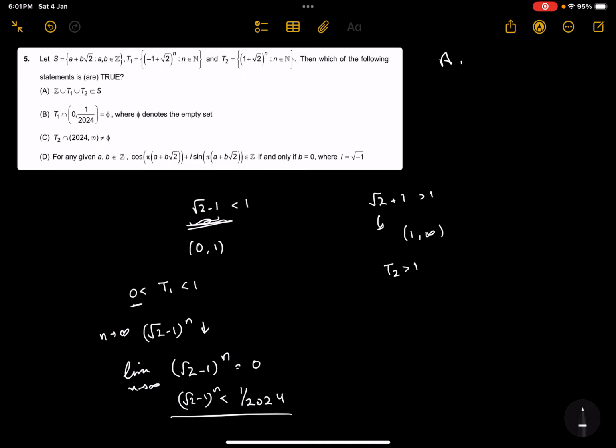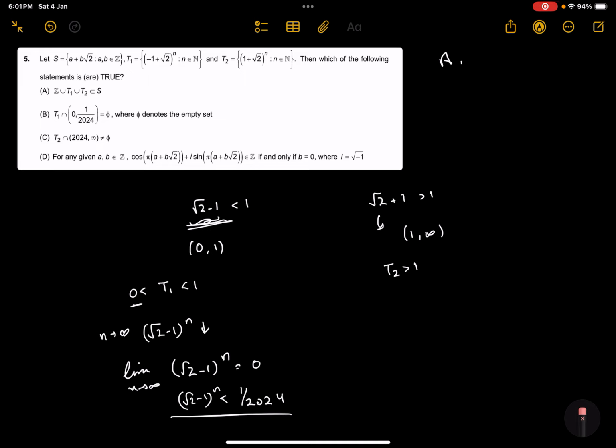So option B is thus incorrect, because for some n large enough, we will indeed have that minus 1 plus root 2 to the power of n is less than 1 upon 2024.